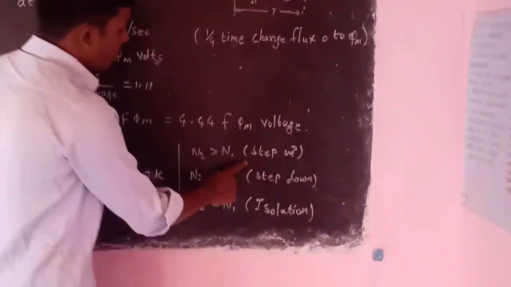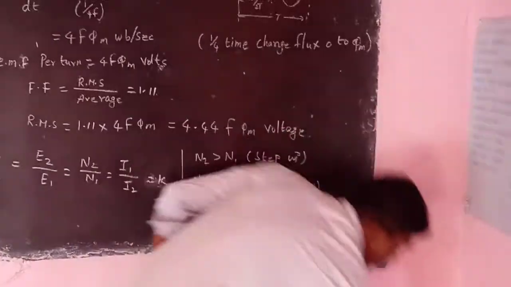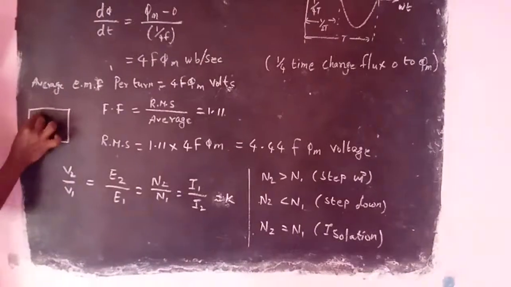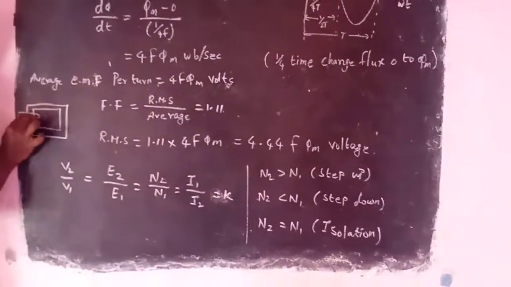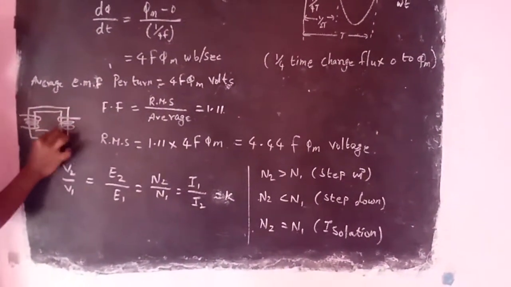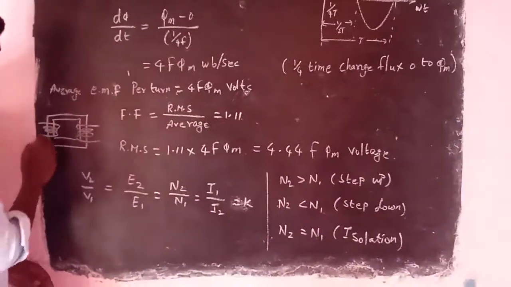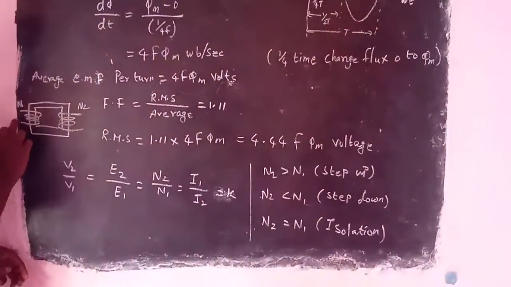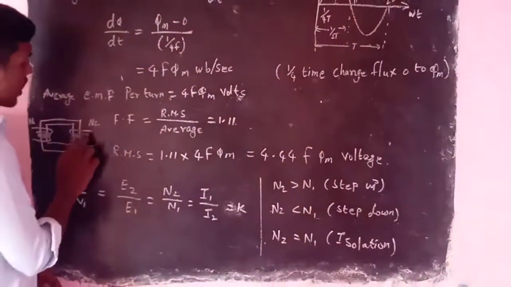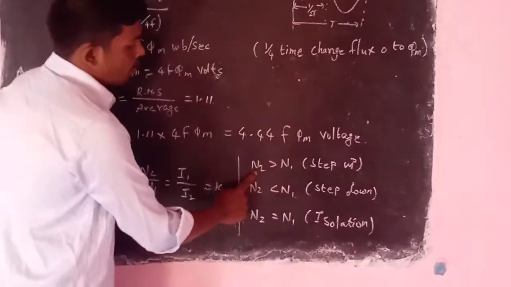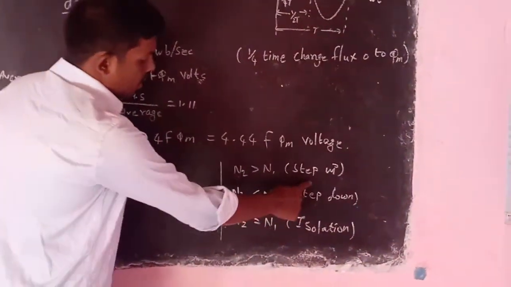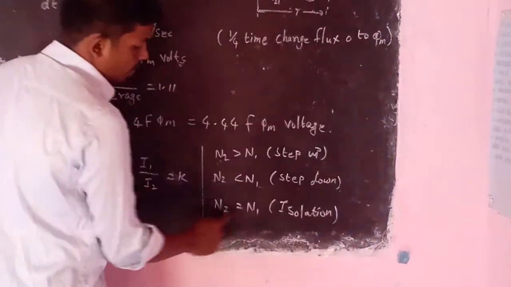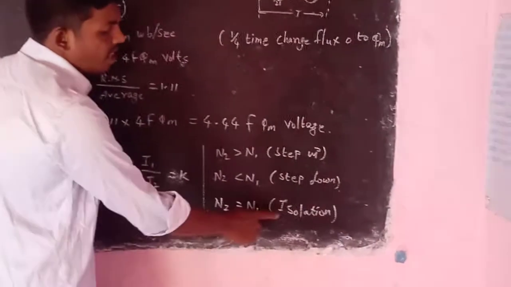Here is the general circuit diagram of a transformer. This is the primary side and this is the secondary side. The number of turns here is N1 and here is N2; this is the primary winding and this is the secondary winding. If N2 is greater than N1, it is a step up transformer. If N2 is less than N1, it is a step down transformer. If N1 and N2 are equal, it is an isolation transformer.